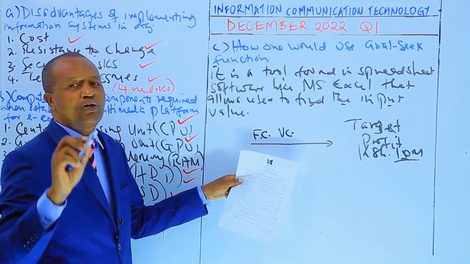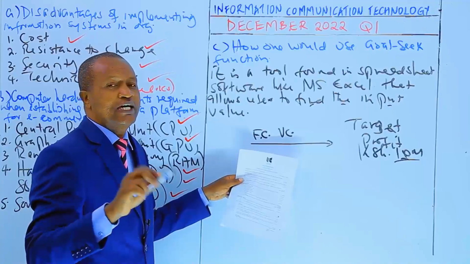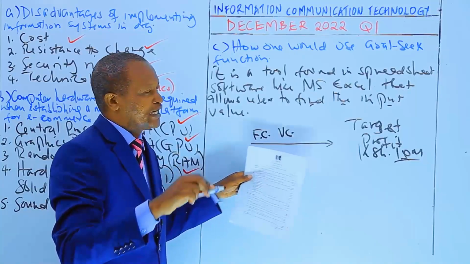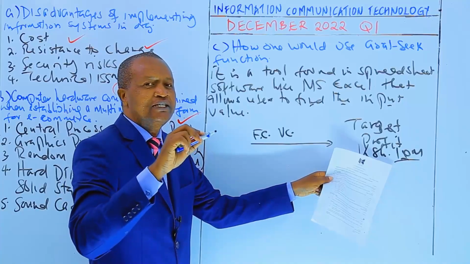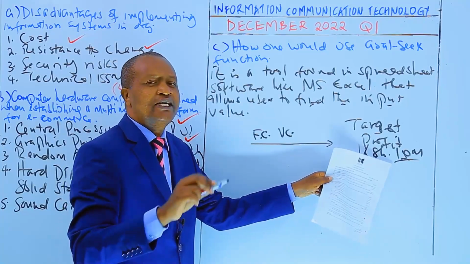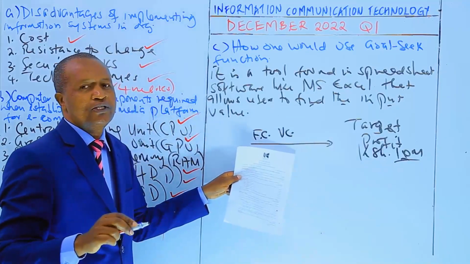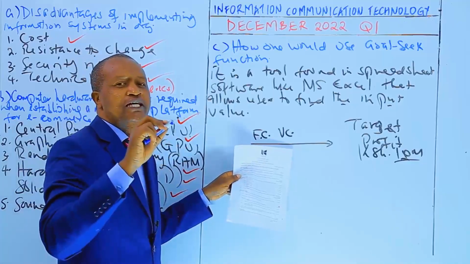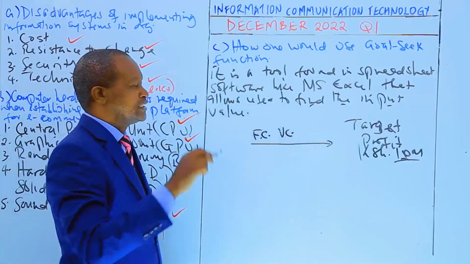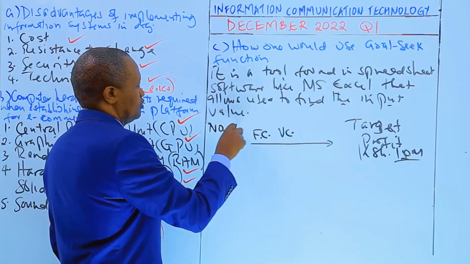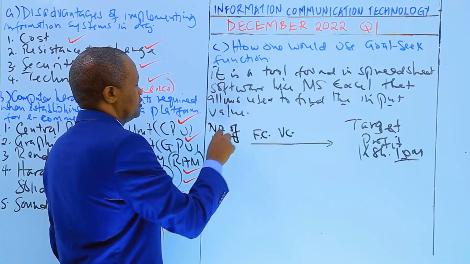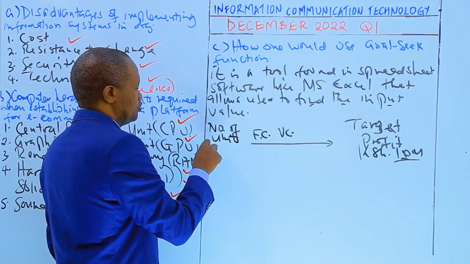So by using the goal-seek function, the user can input the target profit as the desired result and then instruct the software to find the corresponding number of units that need to be sold.